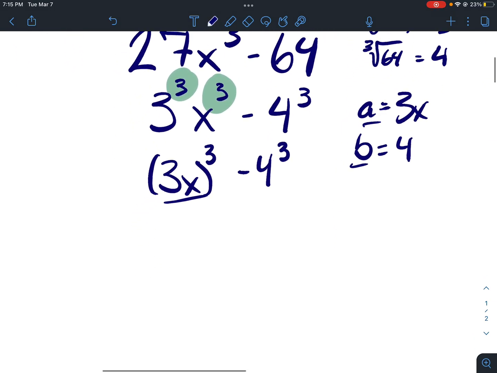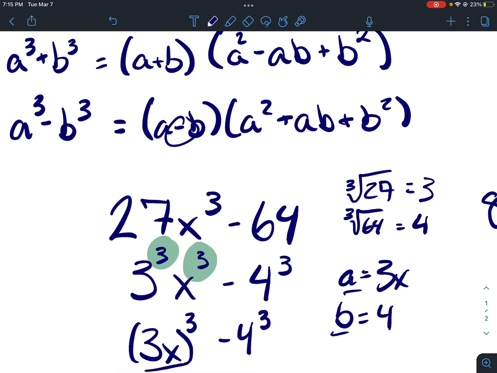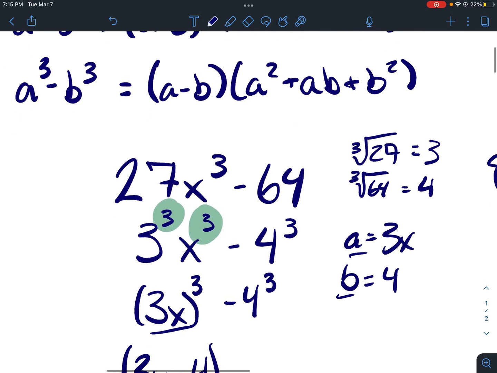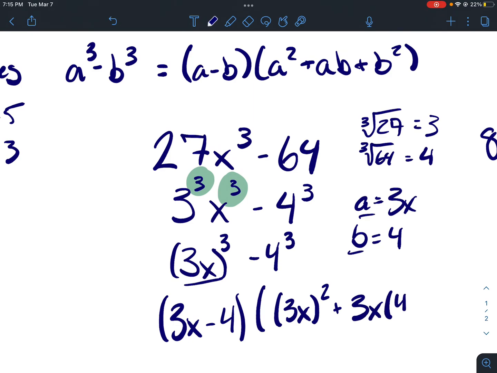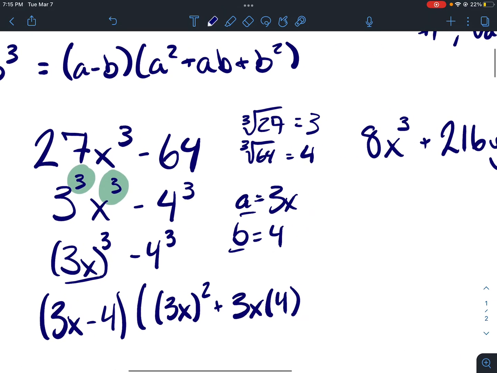So 3x minus 4, because we got the minus there, and then everything else is plus: a squared plus ab plus b squared. So 3x squared plus a is 3x, b is 4, and then plus b squared, so 4 squared.